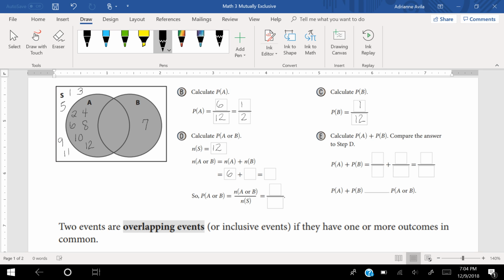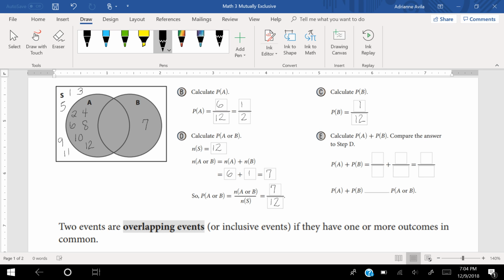There is only one possibility of getting a 7. And so in total, there are 7 options in events A or B. So the probability of A or B is the 7 options together, out of the 12.